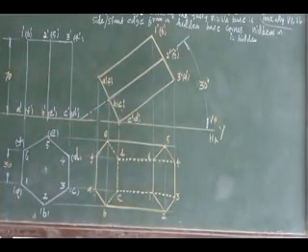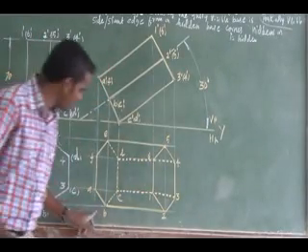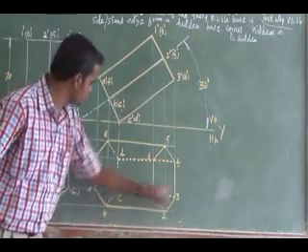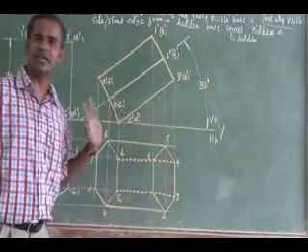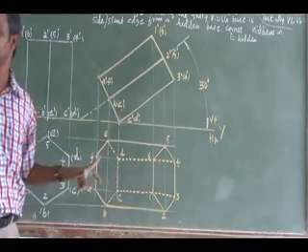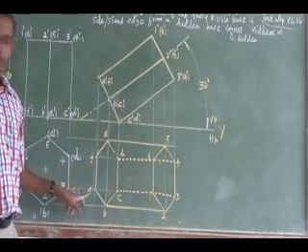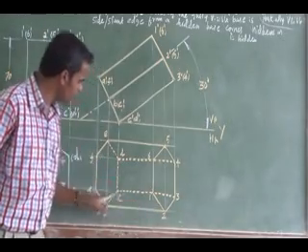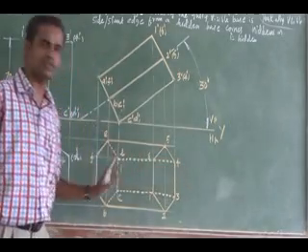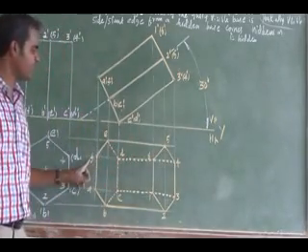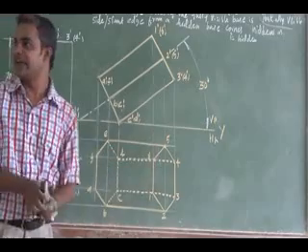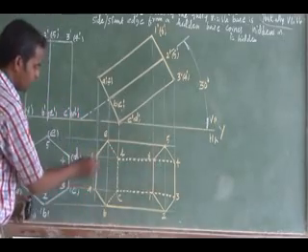Is it clear? Now, I already have D4, C3, and the E5 side edge. Two more side edges I have. What are those? B2 I have, C3 I have, D4 is hidden, E5 I have, then F6 will be visible.